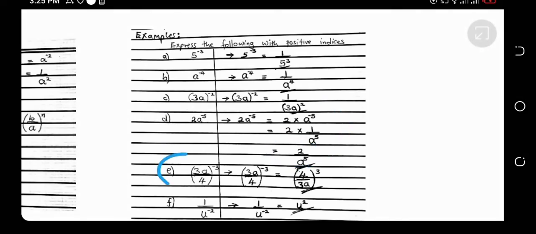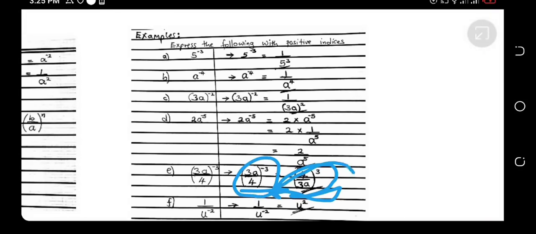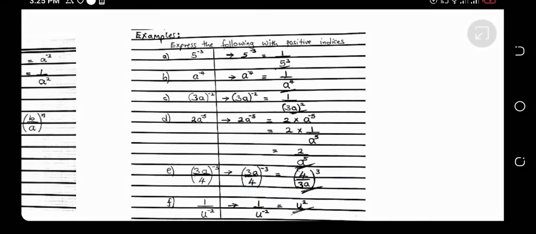Then E, take a reciprocal of 3a divided by 4. 4 becomes the numerator and 3a becomes the denominator, and the power, which was negative, becomes positive.